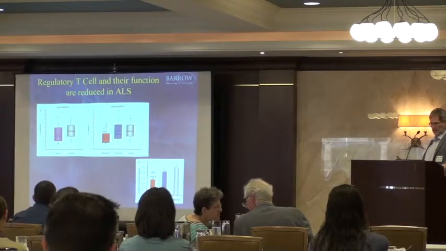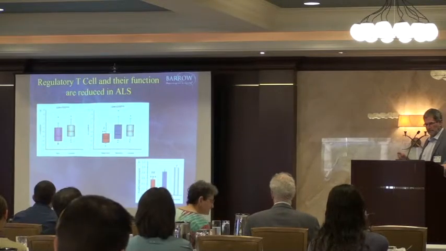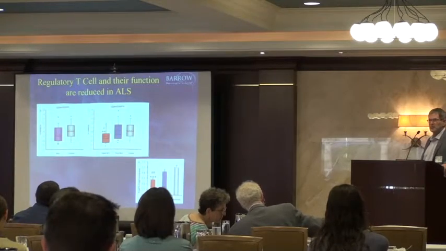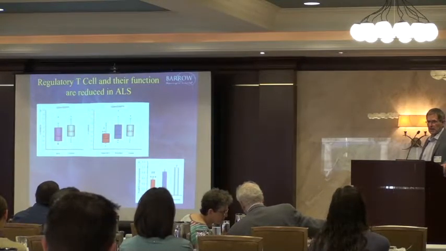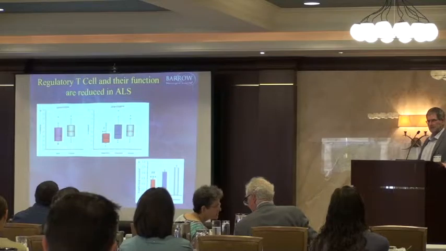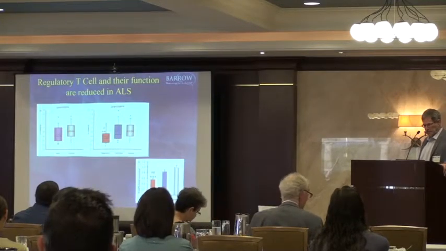Now, here's an example of a phenomenon related to the disease that you could choose to target with your drug. And so in that case, it would be both a pharmacodynamic marker relevant to disease progression, but also a marker that would be relevant to target engagement.